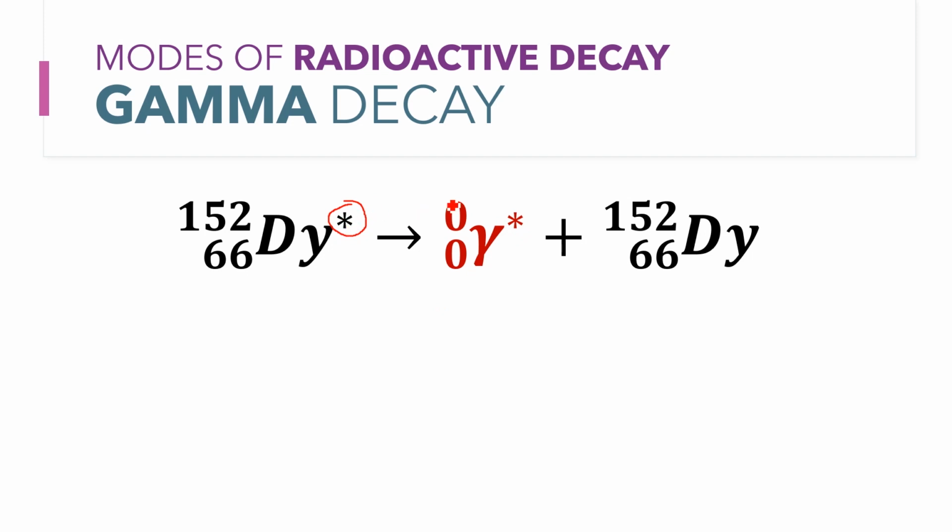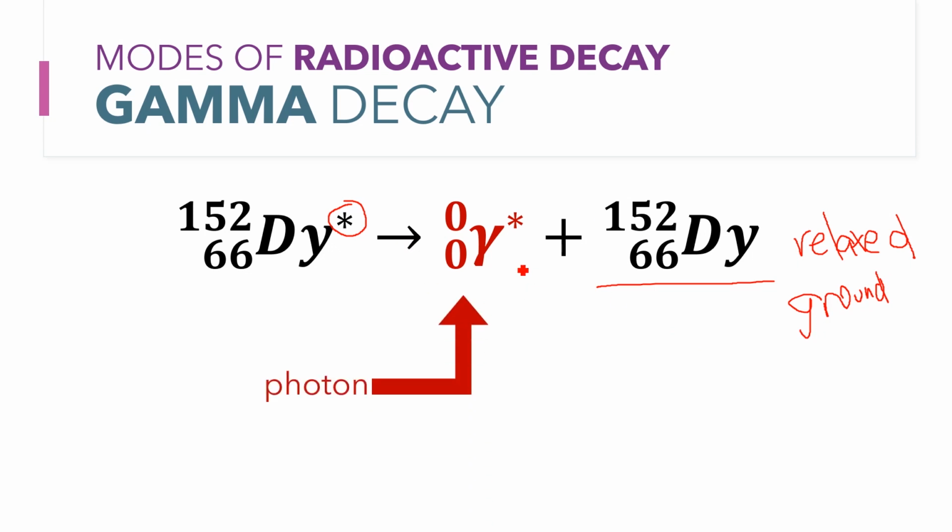Tapos, nag-transform siya into a dysprosium 152 na wala na yung asterisk because nabalik na siya ulit sa ating relaxed state. So, this one, relaxed na ulit siya. So, ang tawag ng iba dyan is ground state. This one is called a photon or simply gamma particle.